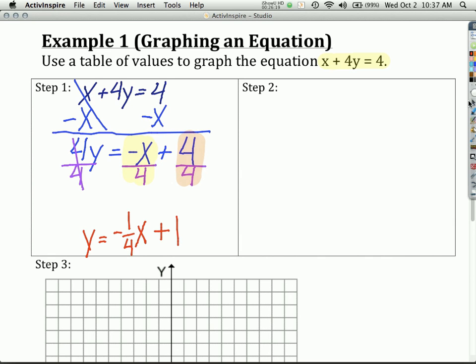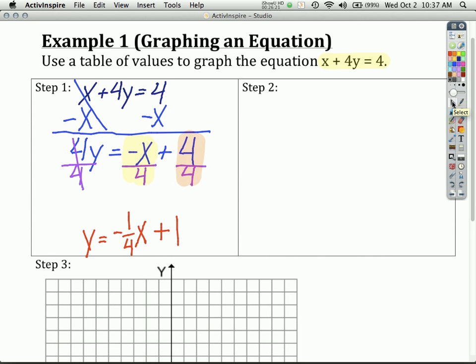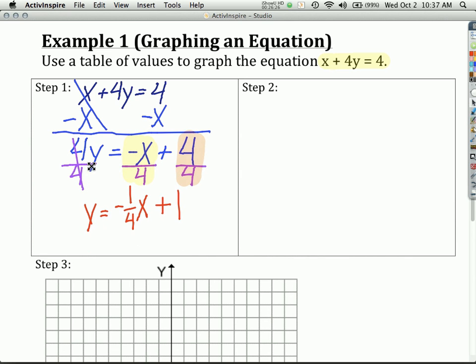Comments or questions on how we got to the function form? Kamoy? For the part where you subtract x, if you wrote 4y equals 4 minus x, it's not wrong, but you're going to find when we get to slope-intercept form that you're now struggling.